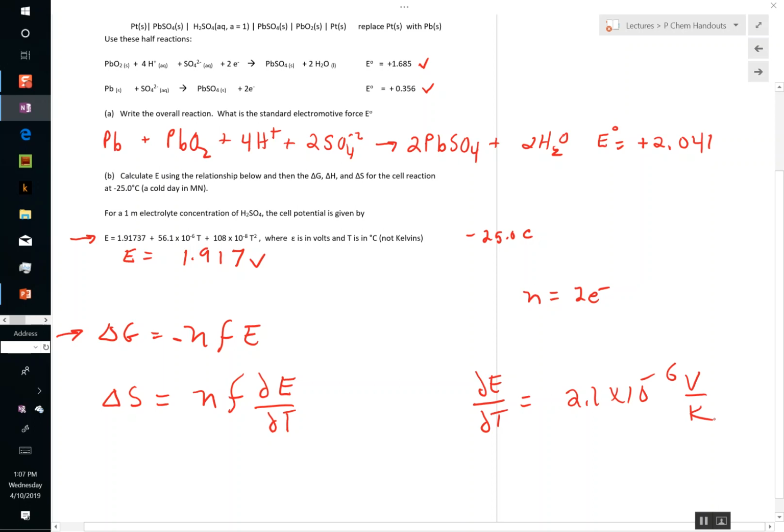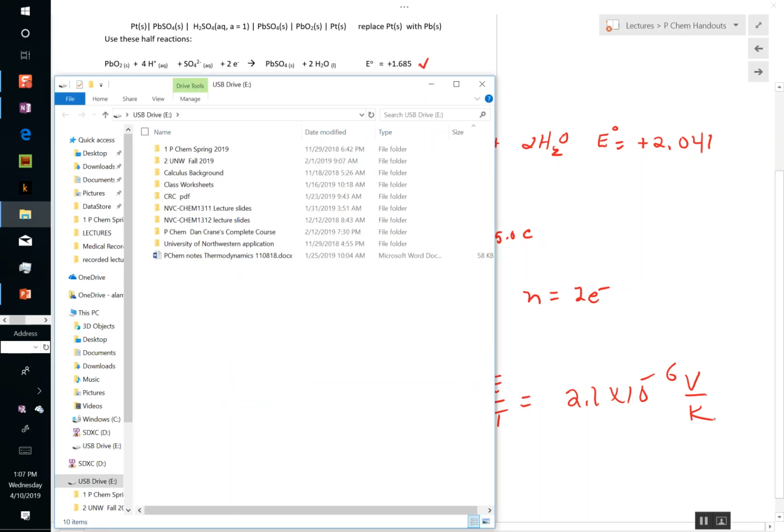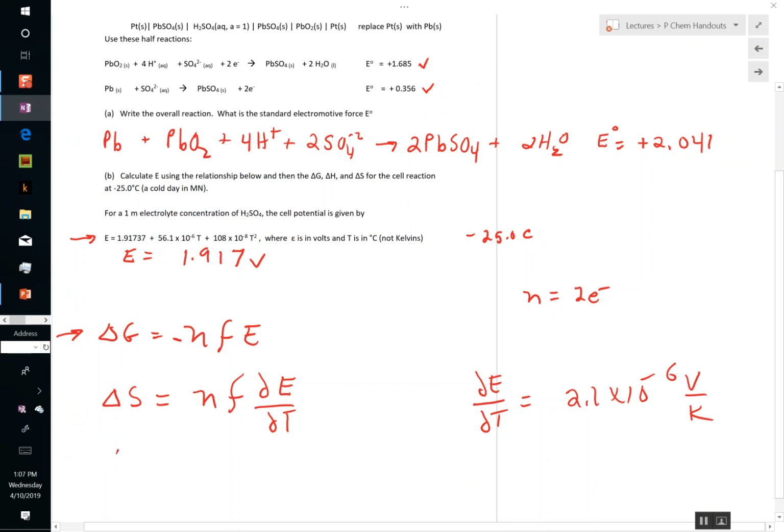So it's a very slight change with respect to temperature. And what did you get for delta S at minus 25? 0.405 joules per Kelvin. Okay, so you got the answer.